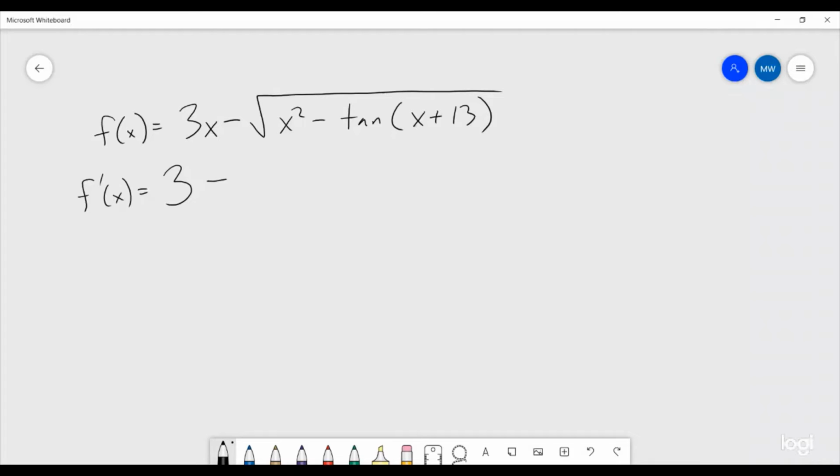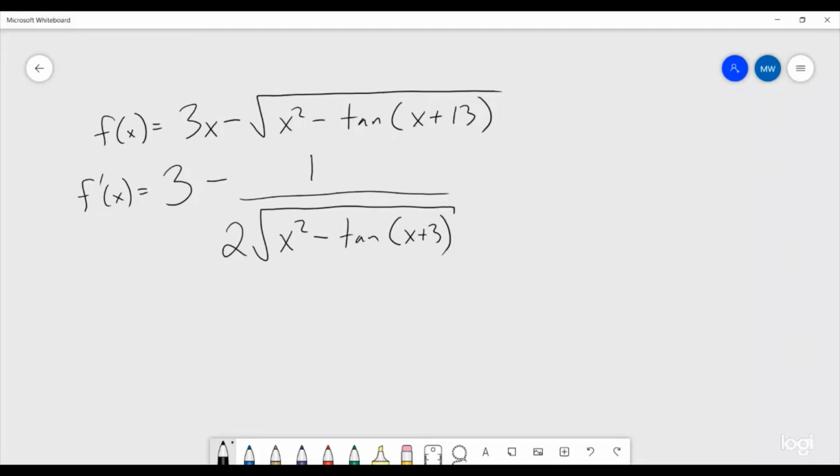So the derivative of the square root of something is 1 over 2 times that square root, so 1 over 2 times the square root of x squared minus tangent of x plus 13.